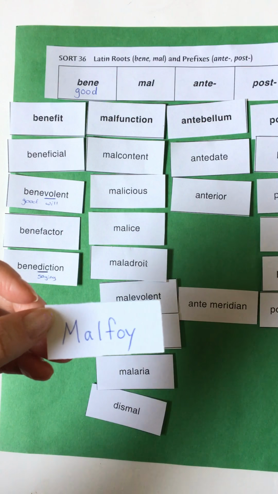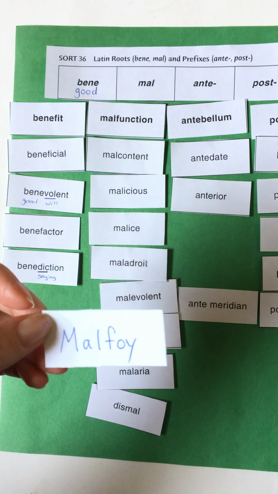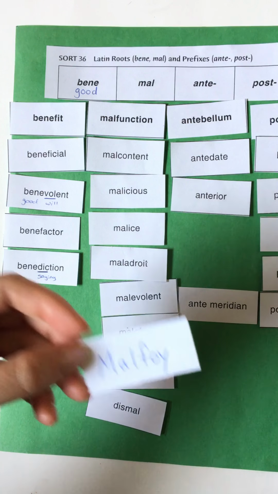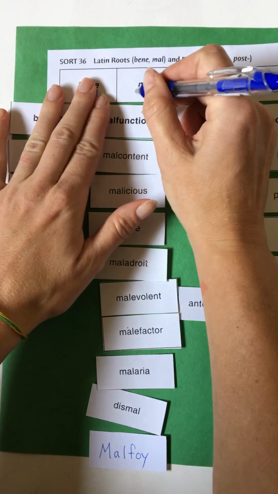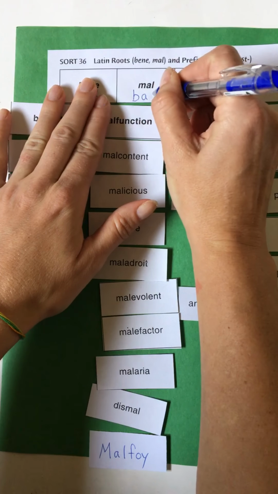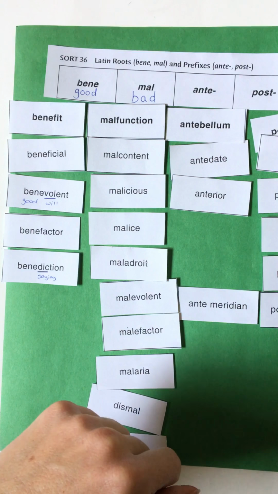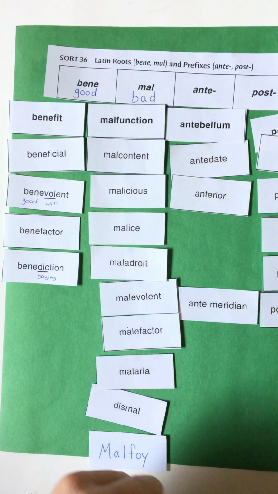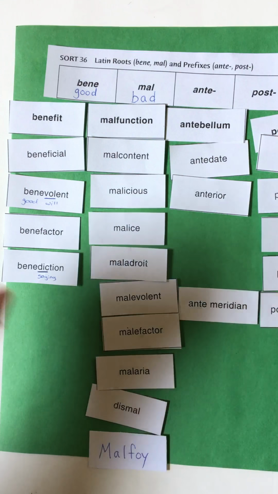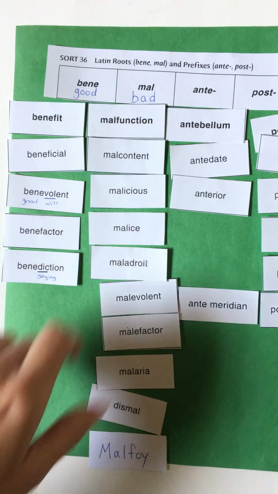J.K. Rowling uses a lot of roots in the meanings of her characters. It means bad. Malfunction means it stops working. Malcontent means you don't feel very good about whatever the content is, let's say.